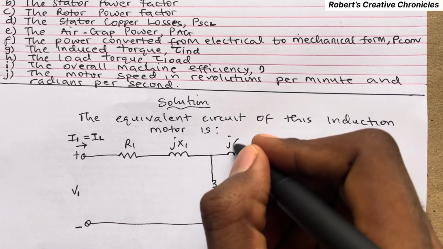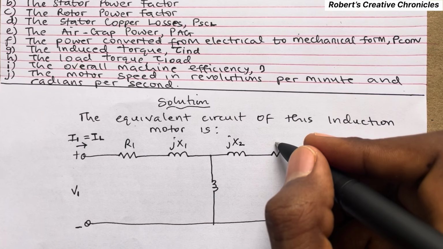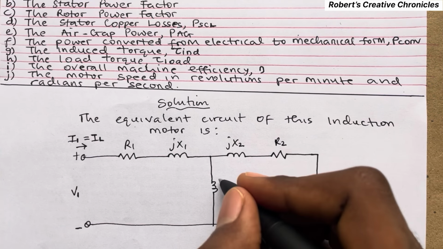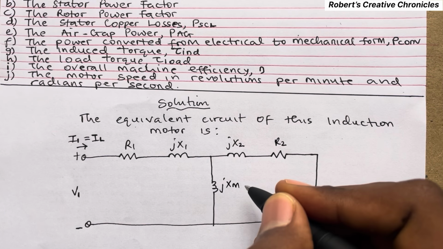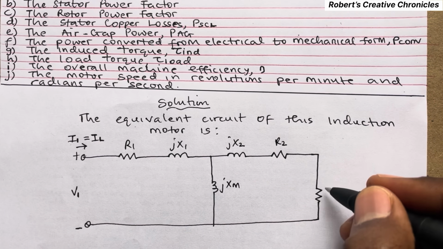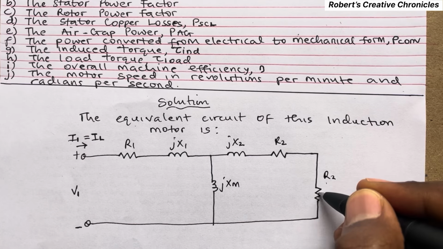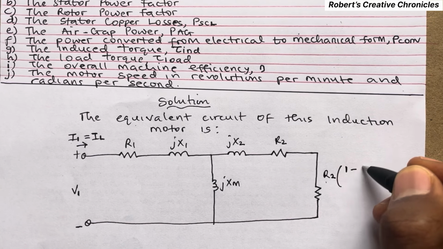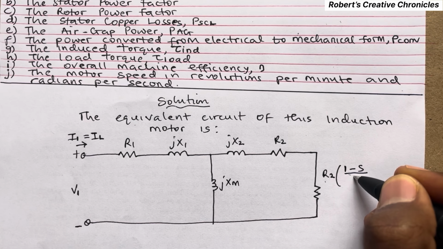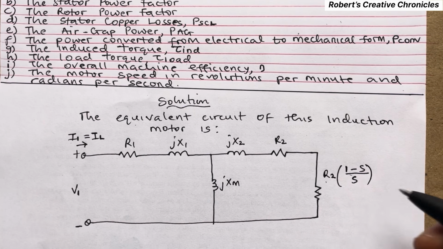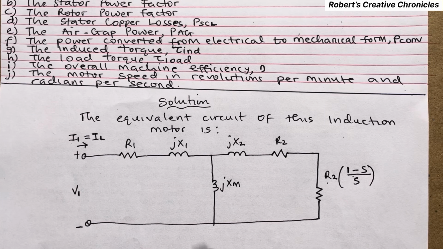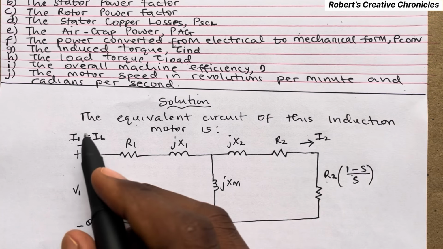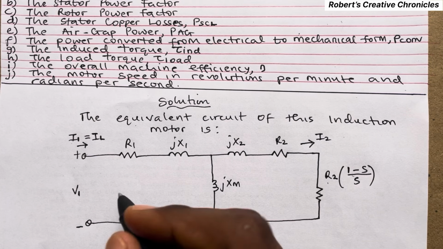Then here is JX2. Here is R2. Here is JXM. This resistance here is R2 multiplied by (1 minus S) over S. And here is I2. So I1 is here and I2 is here.